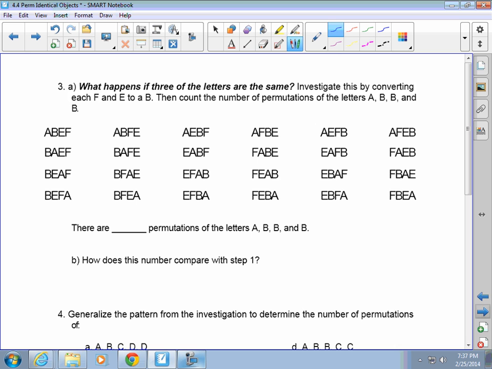So what happens then if 3 of our letters are repeating? So we're going to change our F and E's to B's in each of these. So these all become B's.